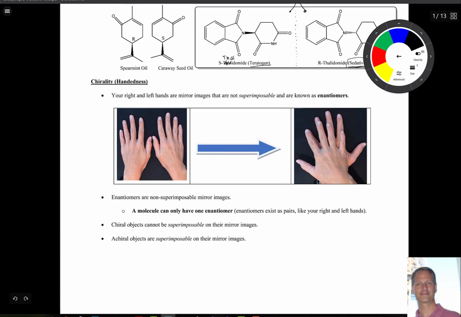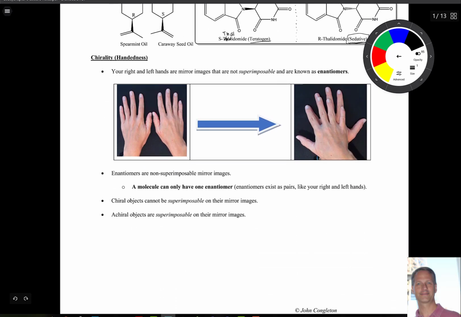Now, chirality. Chirality is sometimes called handedness. This is something I would usually ask in a classroom setting, because we have a natural feeling for this. If you take your right hand and put it out, and your left hand, they're mirror images of each other, right? I hope they are, at least. So if we have a mirror right down here, we have a left and a right hand.